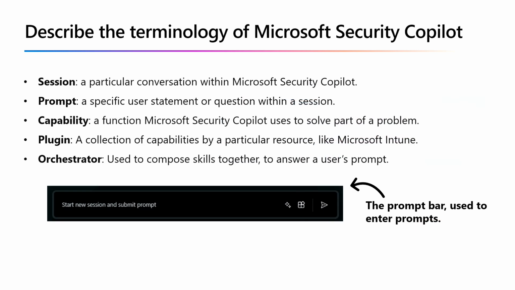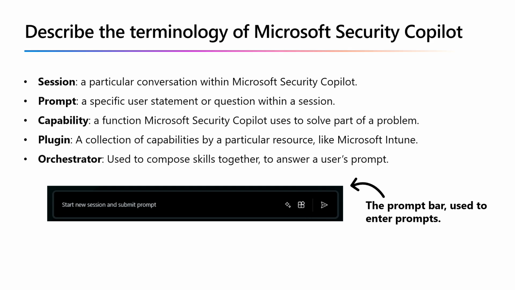So, let's become familiar with some of the terminology of Microsoft Security Copilot. First, we have session. This is a particular conversation with Copilot. We have also prompt, a specific statement or question within a session. A user enters a prompt in the prompt bar. We have also capability, which is a function Copilot uses to solve part of a problem.